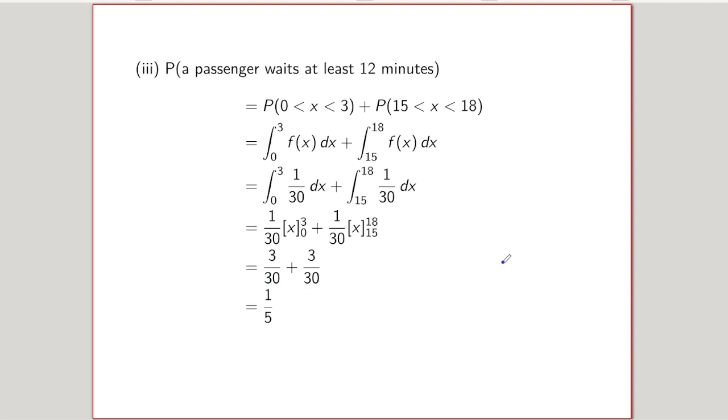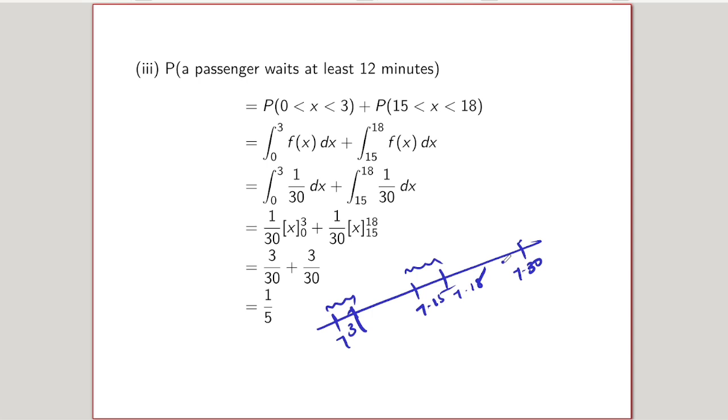Next one, the passenger has to wait at least 12 minutes. This is 7, this is 7:15, this is 7:30. At least 12 minutes means he must have arrived between 0 and 3, or between 7:15 and 7:18.